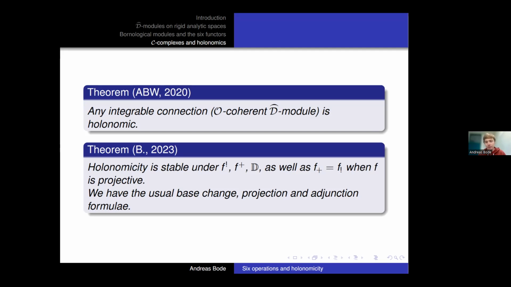If I had something like holonomic D-modules are those that are constructible in a suitable sense, that would be really powerful to say something about finite length results for these modules, which in turn would be very useful both for applications in p-adic differential equations and for doing things in p-adic representation theory, that I haven't talked about at all in this talk, but there's lots of interesting things going on here to use these objects in order to understand p-adic representations. And so having this toolbox of operations and knowing that they preserve certain finiteness conditions is really useful from that viewpoint as well. And I think I'm just going to stop here.